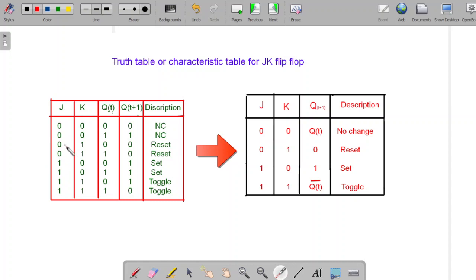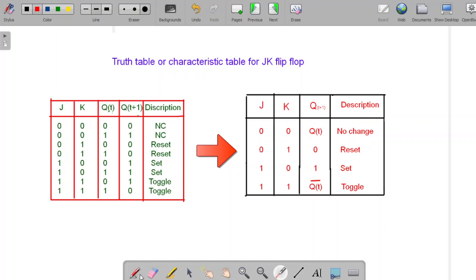Then we can check for the next two combinations. That means J is 0 and K is 1. Here Q(t) is 0, that means the present state is 0, then the next state is also 0. Then you check here, present state is 1, but next state is 0. So whatever be the Q(t), the present state, the next state definitely will be 0 whenever you have the input combination as 01.